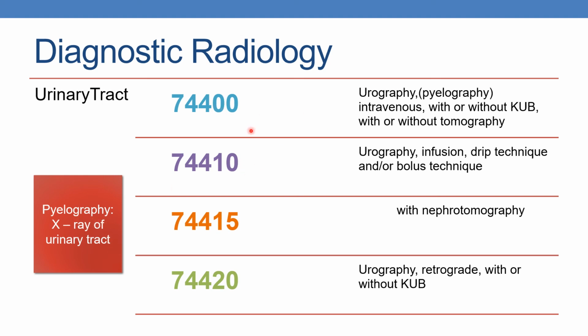So 74400 is urography or pyelography, intravenous, with or without KUB, with or without tomography. The next is 74410, urography, infusion, drip technique and/or bolus technique. The next is 74415, urography, infusion, drip technique or bolus technique with nephrotomography. The next is 74420, urography, retrograde, with or without KUB.